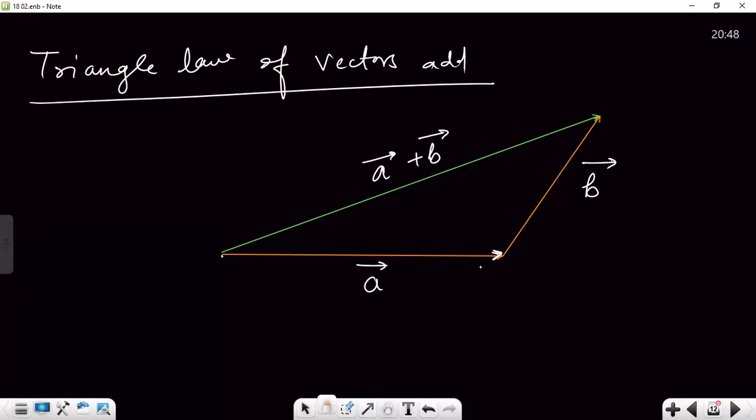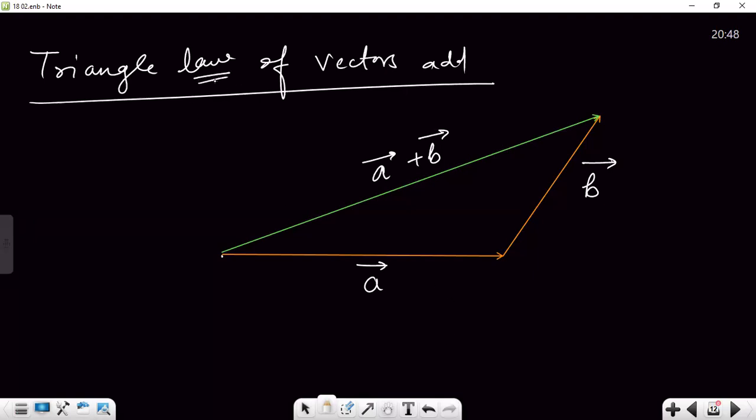Then we connect the tail of the first vector and the head of the other vector, in the direction defined by the rotation already going on. That particular vector will be the addition vector. This is the triangle law of vector addition.